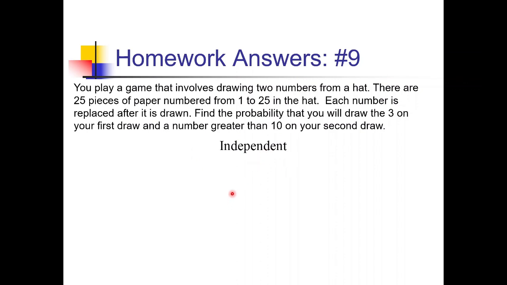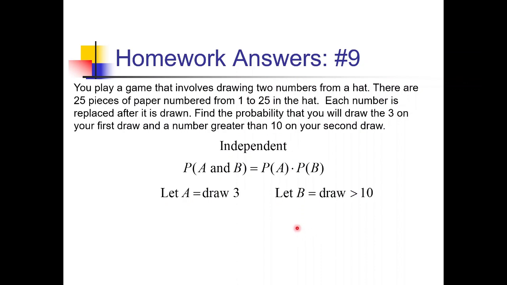So we'll use our independent formula, P of A times P of B. Let's let A be drawing a 3 on the first try, and then B is going to be a number that's greater than 10. So probability of drawing a 3 is just 1 out of the 25. Probability of a number bigger than 10, well, we've got 11 through 25.